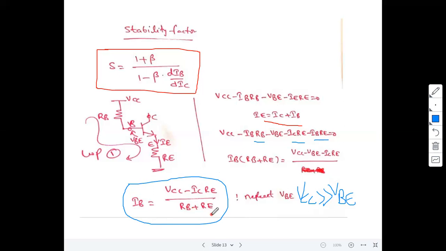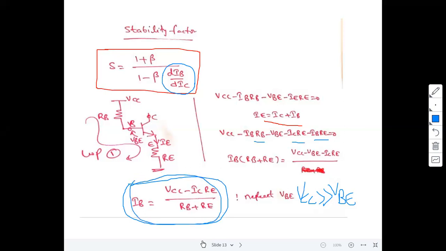Both are the same. Why am I representing IB in terms of IC? Observe here, in the stability factor there is a differentiation: S is equal to (1 + β) / (1 − β dIB/dIC). So differentiate the base current with respect to collector current. That's why I'm representing the base current in terms of collector current.